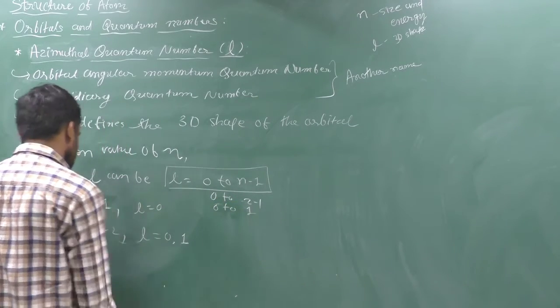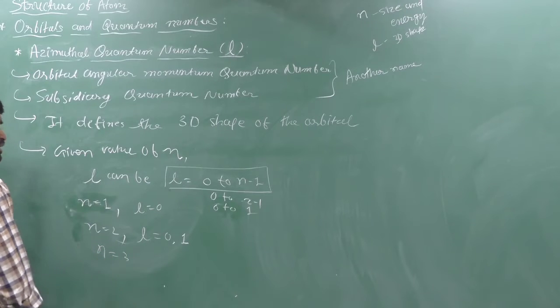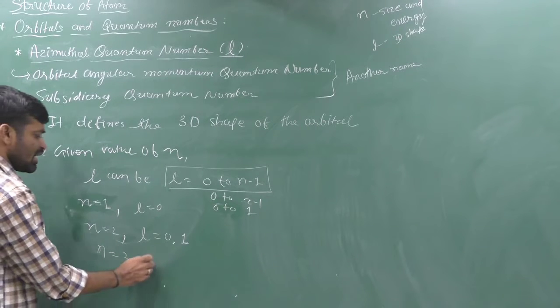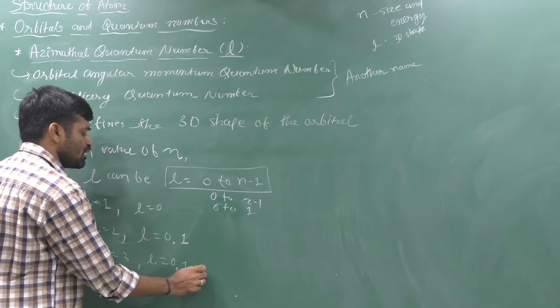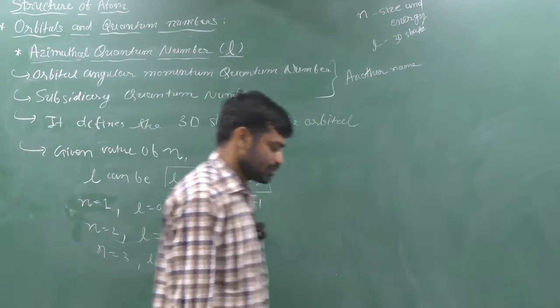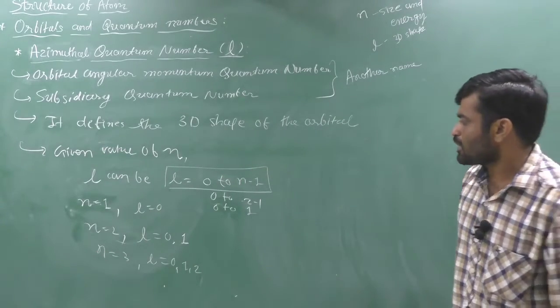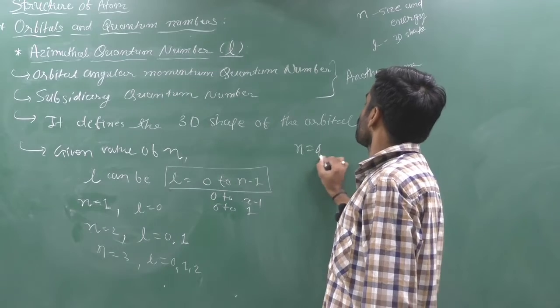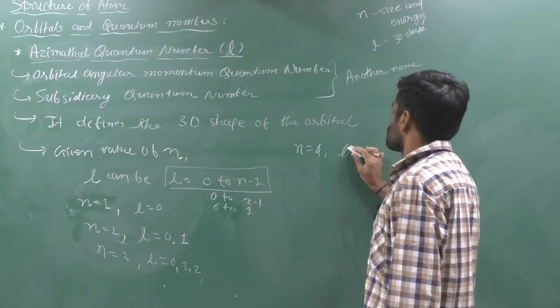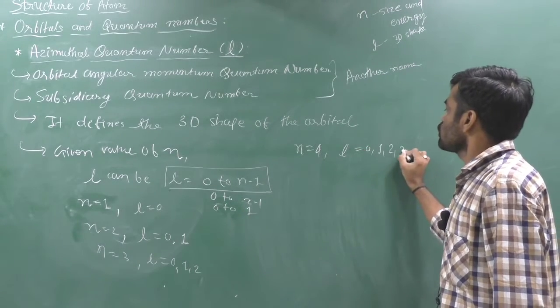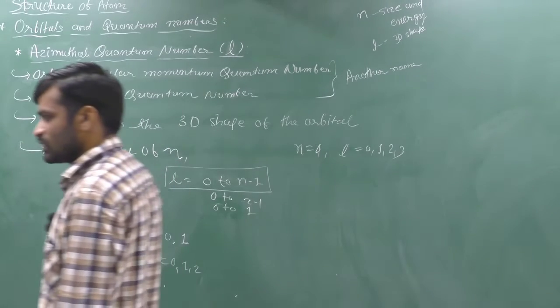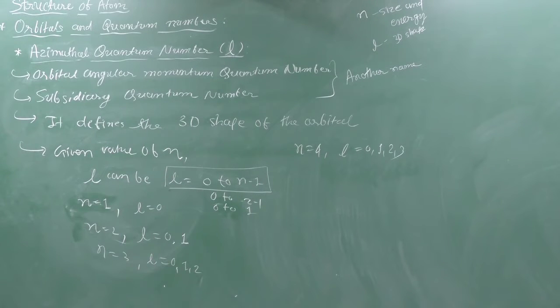Understood? 0 to 1. Suppose the principal quantum number n is equal to 3, then L is equal to 0, 1, 2. It cannot be 3. Suppose n is equal to 4, then L is equal to 0, 1, 2 and 3. I think you can understand it. Clear?